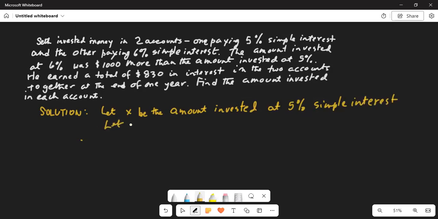The book calls it principal, so let's stick to that. And let Y be the principal, the initial investment amount, invested at 6% simple interest.